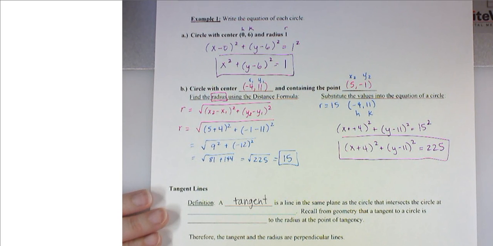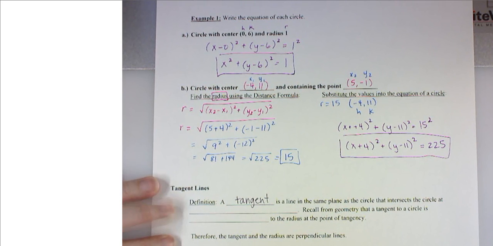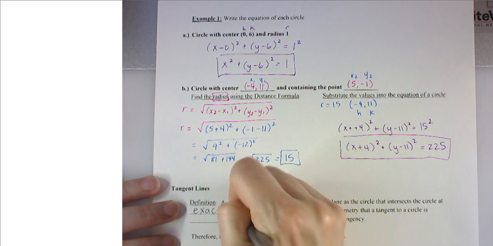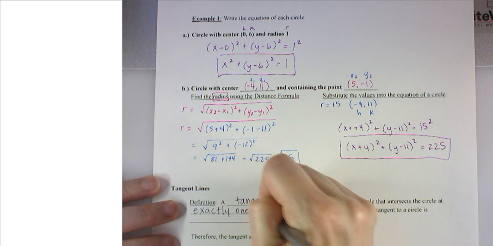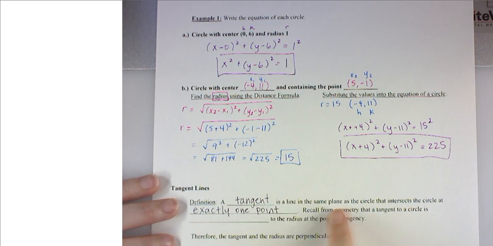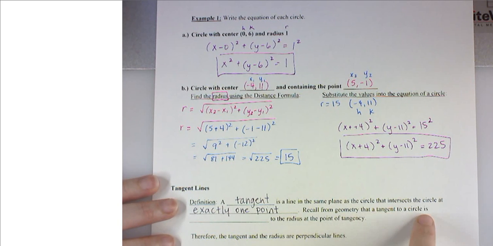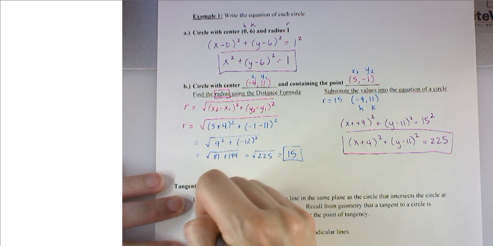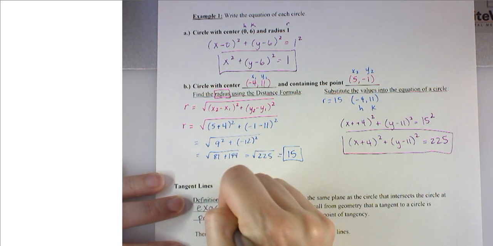So at exactly 1 point. You might remember that the tangent to a circle is perpendicular to the radius at the point of tangency, and therefore the tangent and the radius are perpendicular lines.